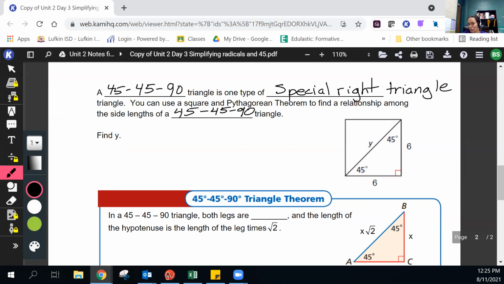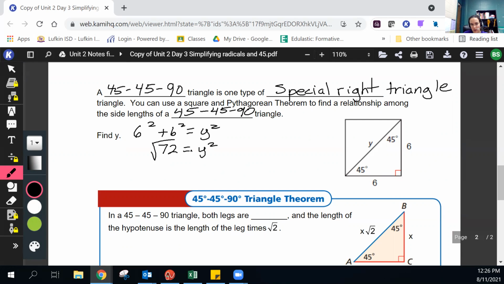So most of y'all will say, let's just use the Pythagorean theorem. And we can. We got 6 squared plus 6 squared equaling y squared. 6 squared is 36, plus another 36, that's 72, equals y squared.